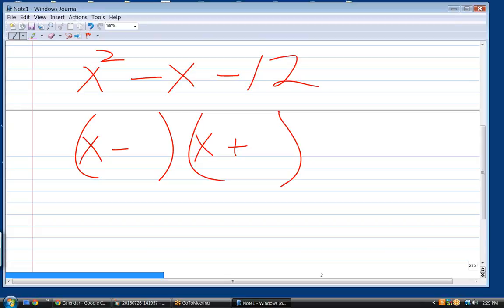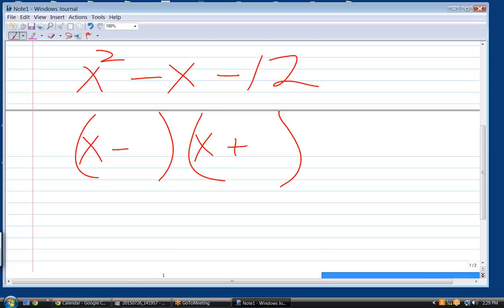What subtracts to make x but multiplies to make 12? Okay, almost correct. It's not subtracts to make x, but subtracts to the number 1, because that's the coefficient in front of the x. In other words, there's a 1 right there. It's just not written.